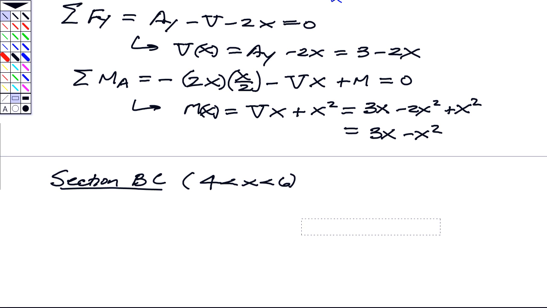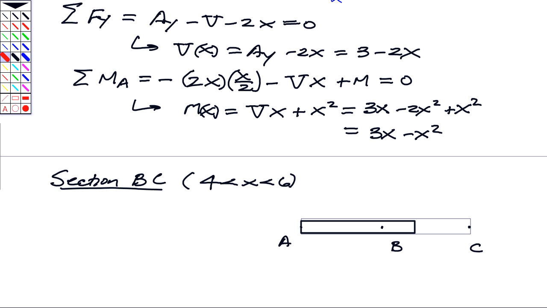So here's the whole beam. We're going to be taking just a section like this. So this is A. B is somewhere here. This is C on the end. The forces that we have acting on this, there's going to be the reaction force of AY at A, reaction force of BY there at B. We know that between A and B is the distributed load.